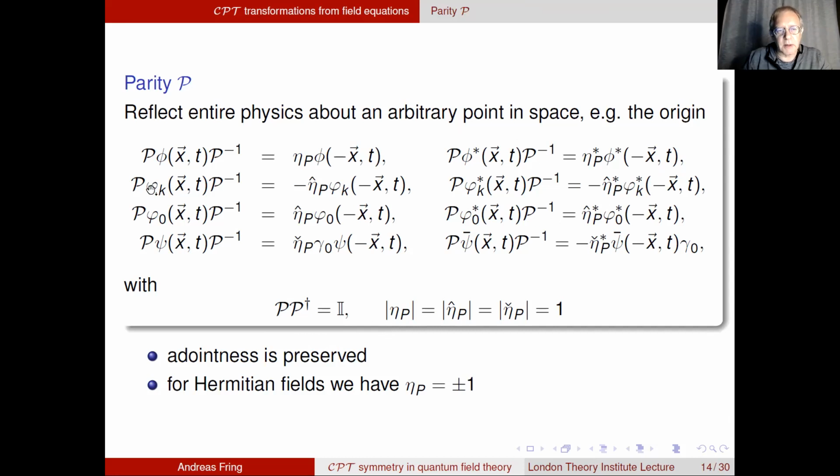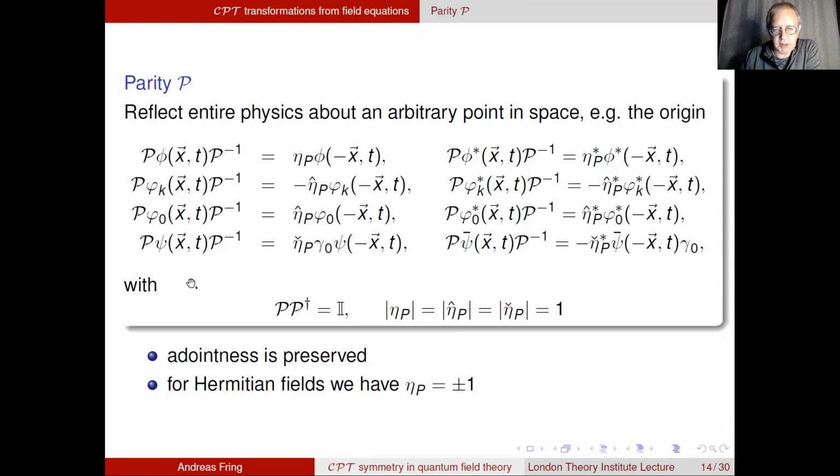And for the spin 1 field, we get different properties for the space components and the time components. So you see here in one case, I pick up a minus sign, and in the other case, I don't. And when we parity transform the spinors, then we have to include a gamma 0 on the left-hand side of the psi. And on the right-hand side of the psi bar, I also have to include a gamma matrix, and I have to pick up a minus sign here.